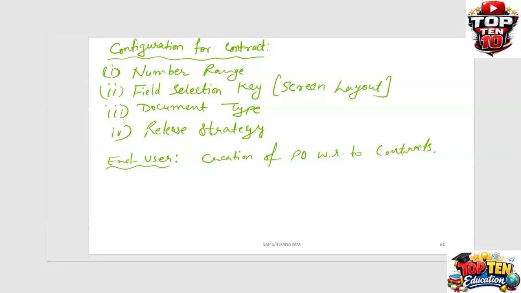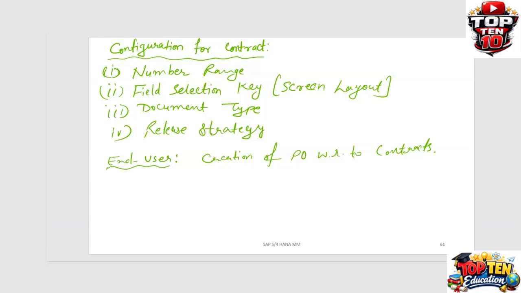ME31K is to create. So it is asking for the supplier. We have the supplier data, so I can take the first one. Agreement type, I just created ZA MK. Agreement date is today's date. Number will be taken by the system internally. Purchasing organization can be selected. Purchasing group can be given.